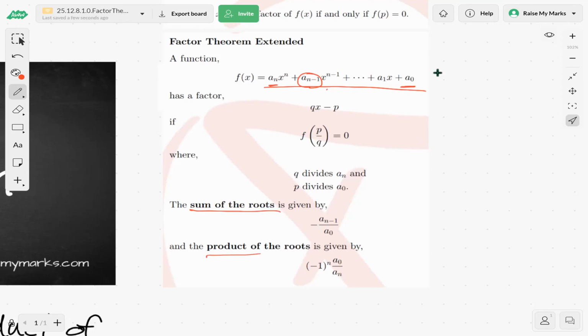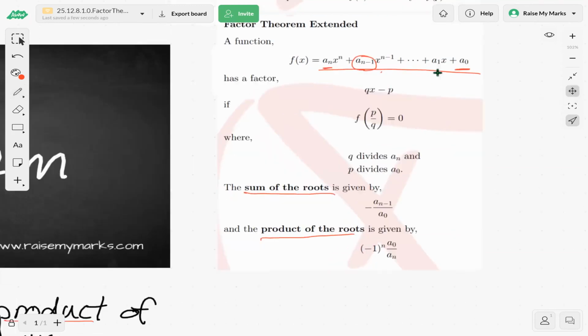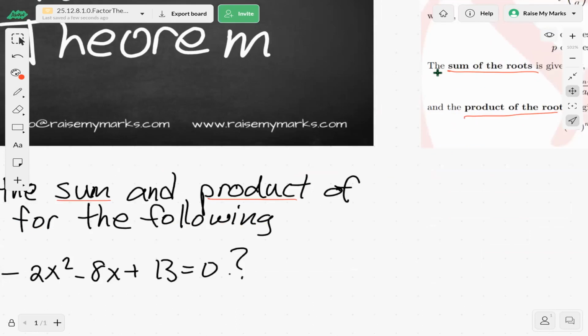And the product of the roots is negative 1 to the power n, where n is the degree of our polynomial, times a0 over an. So the constant over the leading coefficient. All right, so let's keep that in mind and have a look at our exercise.